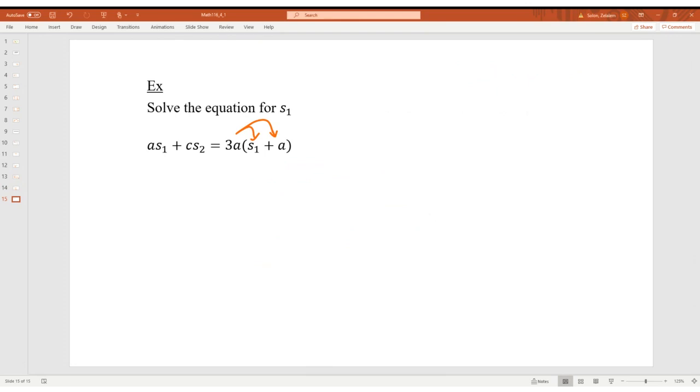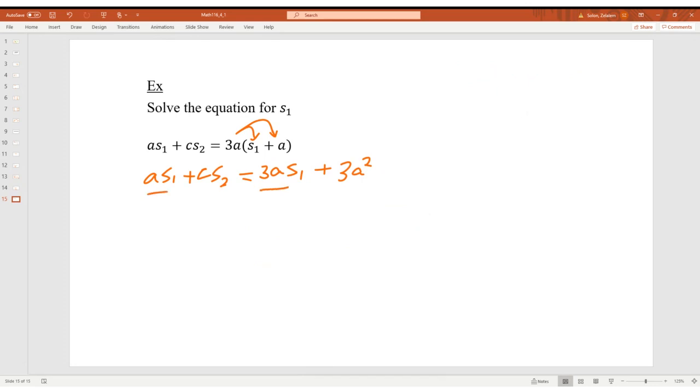If you see here, I have AS1 plus CS2 on the left hand side. On the right hand side, you have to distribute the 3A, so it becomes 3A S1 plus 3A times A, which will be 3A squared. So I'm solving for S1 and I see two S1s here and here.